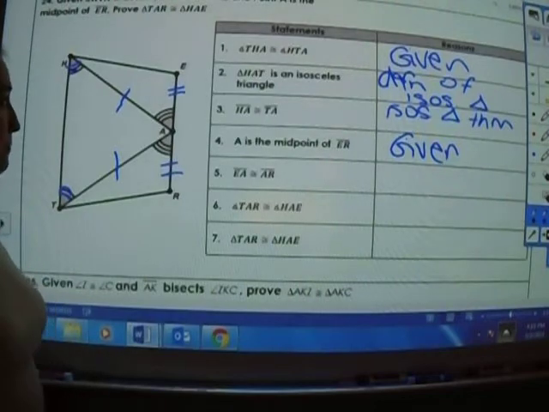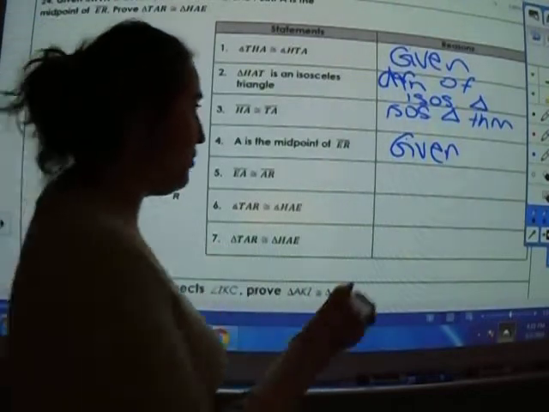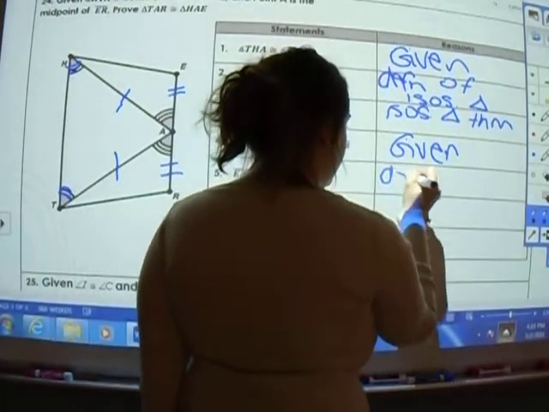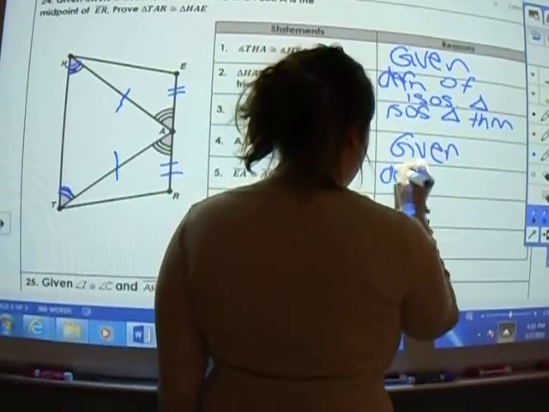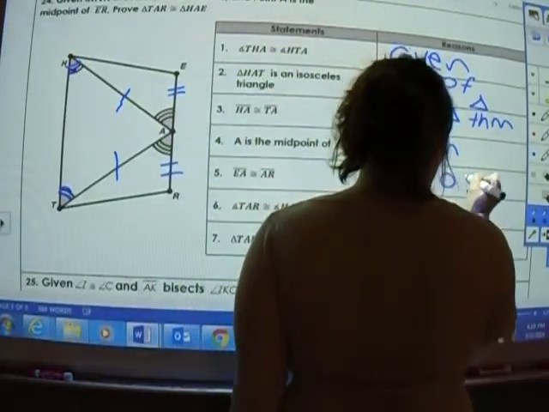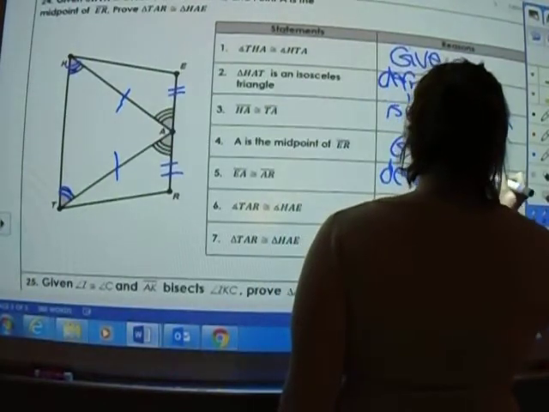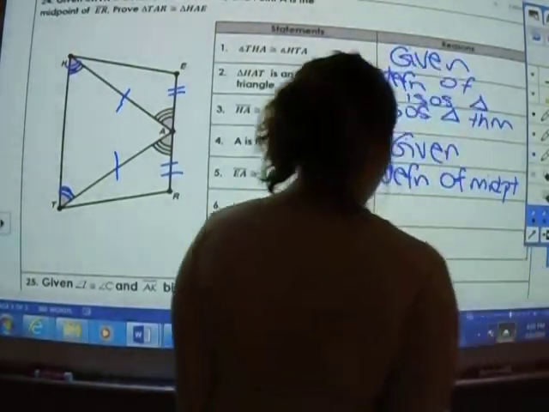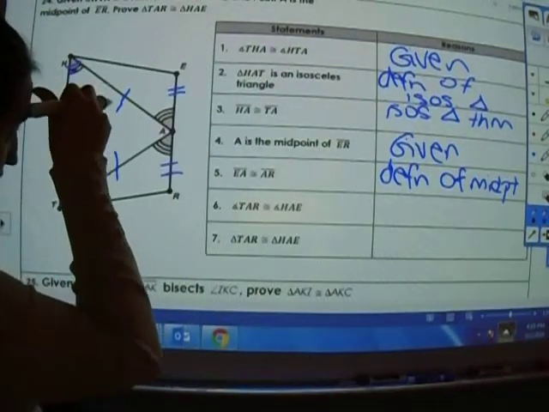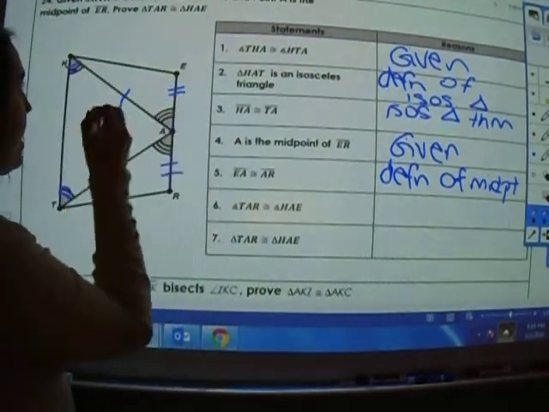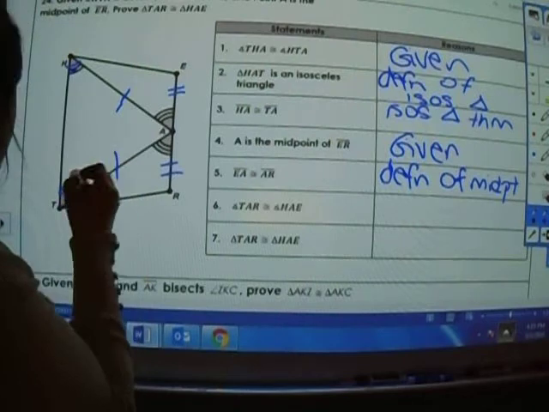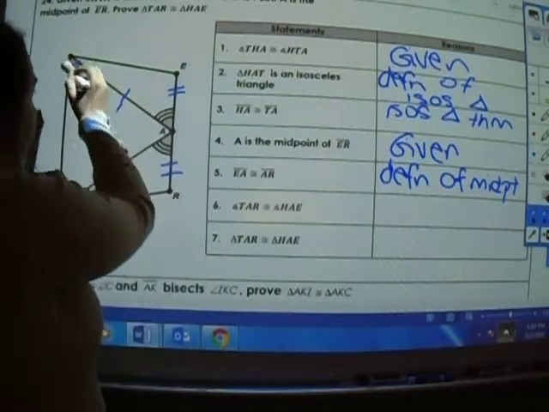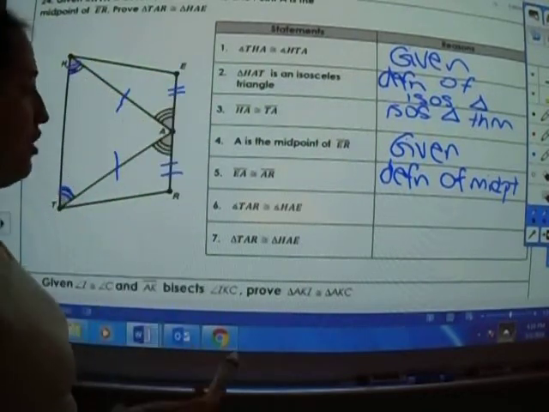We know that because of the definition of a midpoint. Angle TAR and angle HAE are congruent.